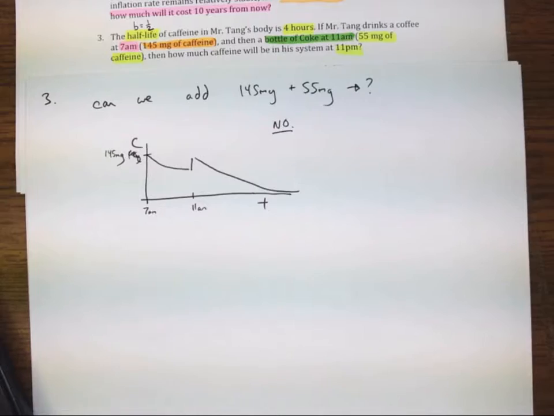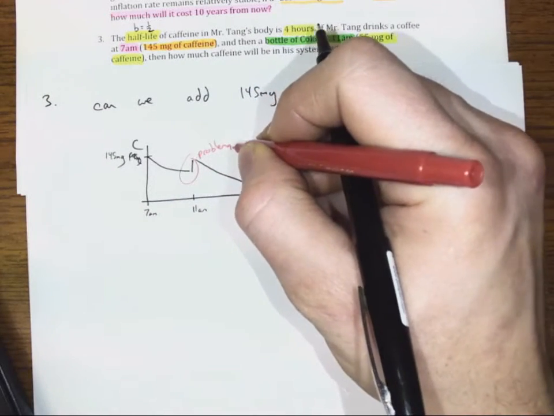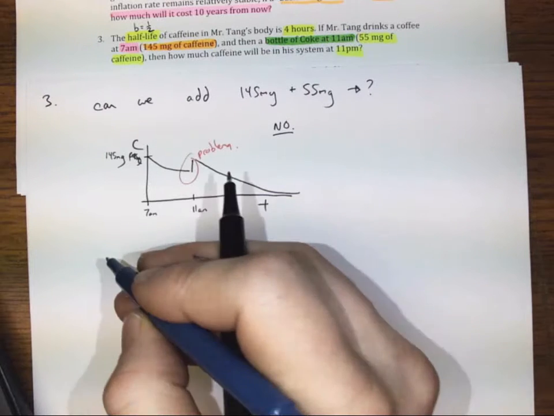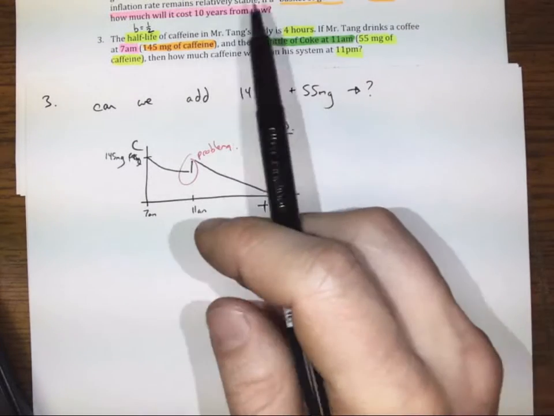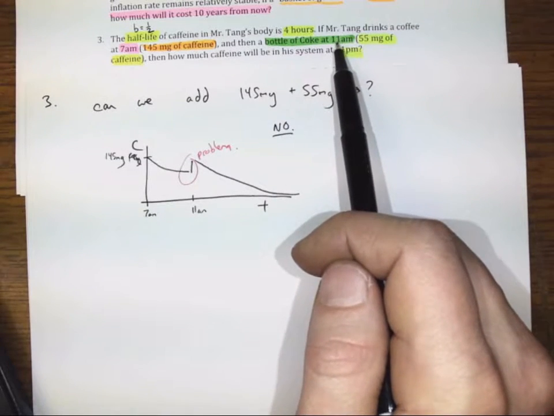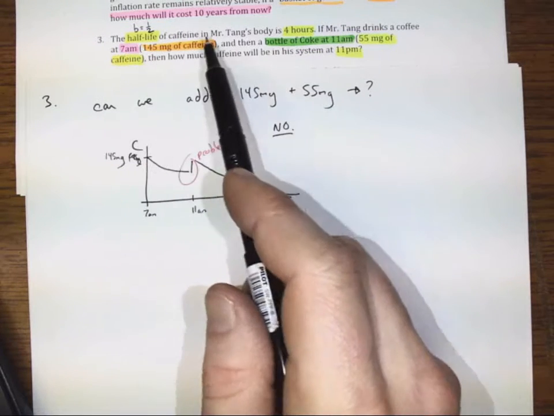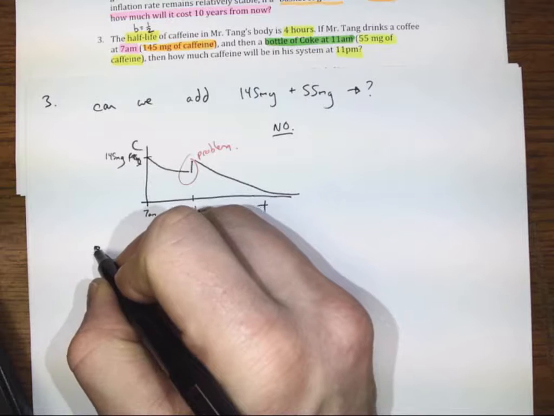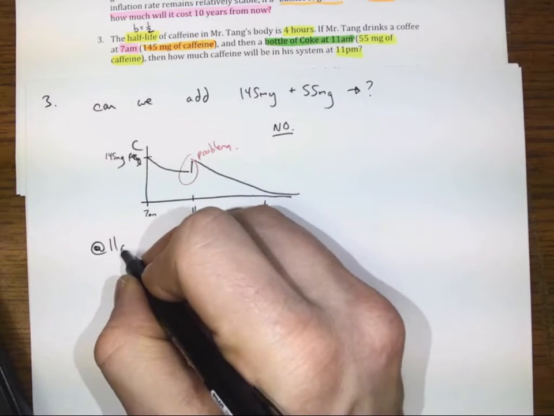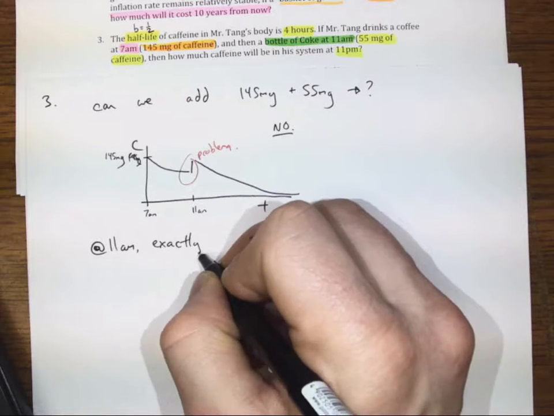So this spike is a problem. However, you might notice that 11 a.m. is exactly 4 hours after 7 a.m. Exactly one half-life. So at 11 a.m., exactly one half-life has occurred.